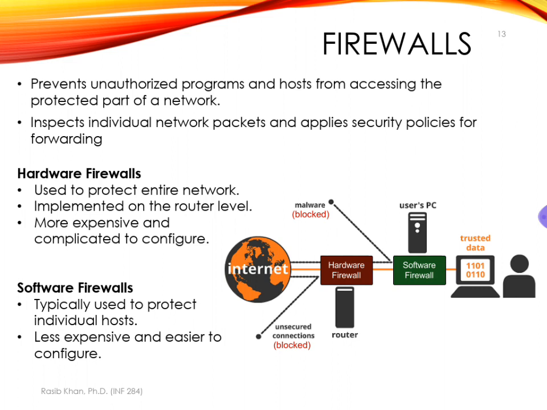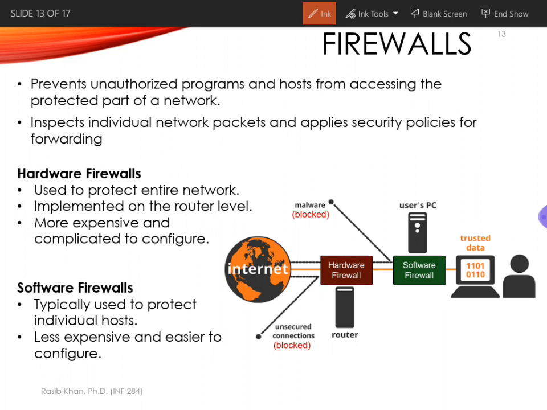So the basic idea of a firewall is to have a control in how we can prevent unauthorized programs and hosts from accessing our private and secure network. The way that firewalls work is that they inspect individual network packets.